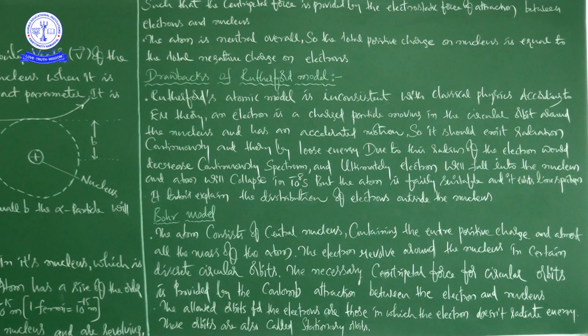Electrons are situated in the large empty space around the nucleus. There is a difference in the size of the nucleus and the size of the atom. Except for the space occupied by the nucleus, in the remaining space of the atom the electrons are present.